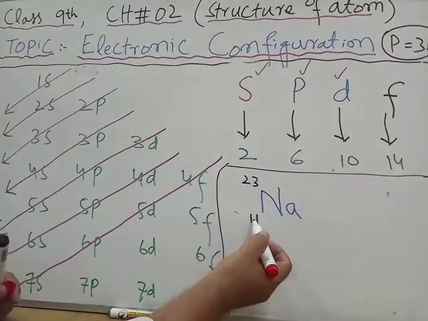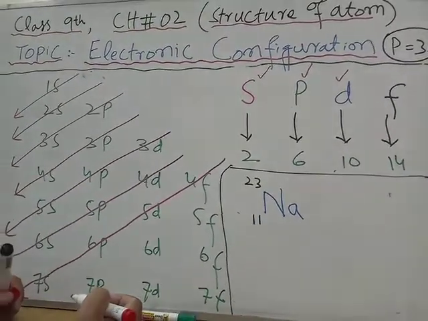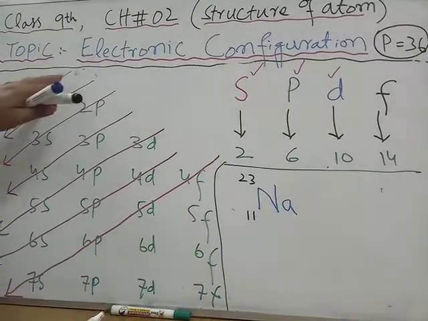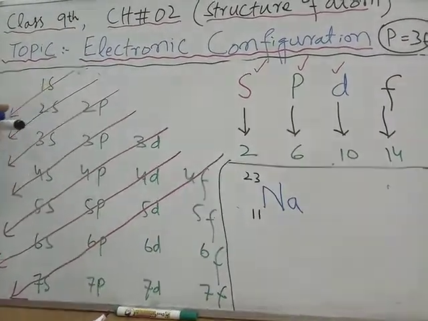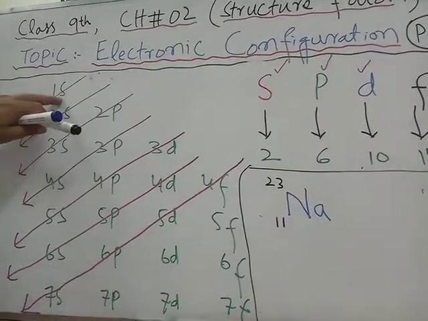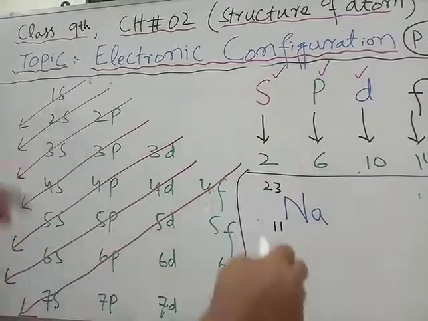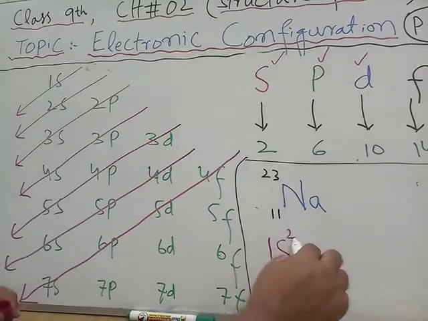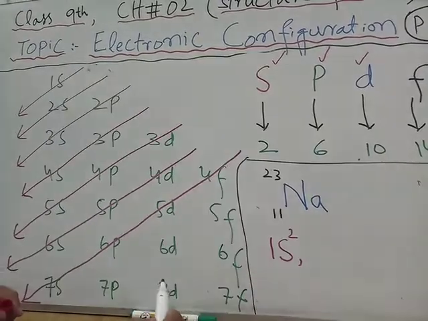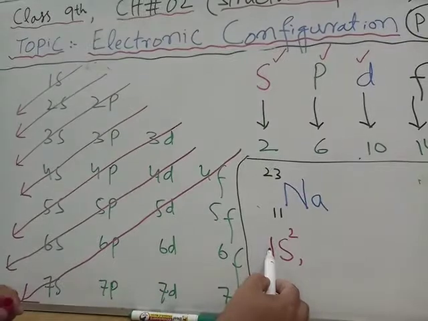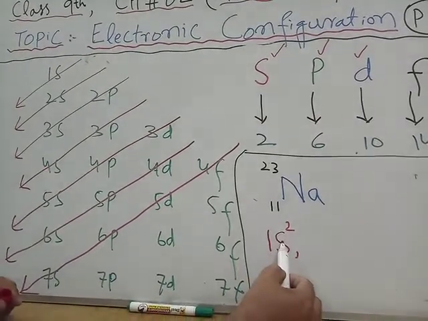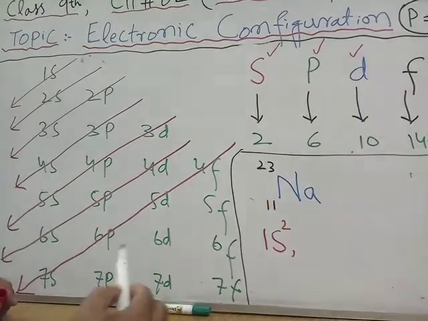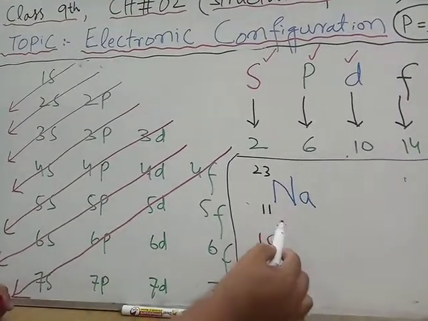I have 11 electrons. So how to complete the 11 electrons? I shall start from this. 1s, and you know how many electrons can be accommodated in s? These are 2. So the first shell s subshell has 2 electrons: 1s2. 1 is the number of the shell, s is the type of subshell, and the superscript shows the number of electrons.